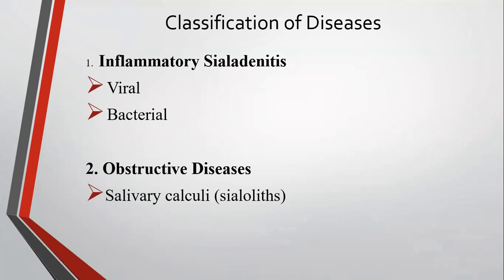Now, the classification of diseases of the salivary gland includes, first, the inflammatory sialadenitis. It is an inflammatory condition due to infection of the salivary gland, which can be either a viral or a bacterial infection.